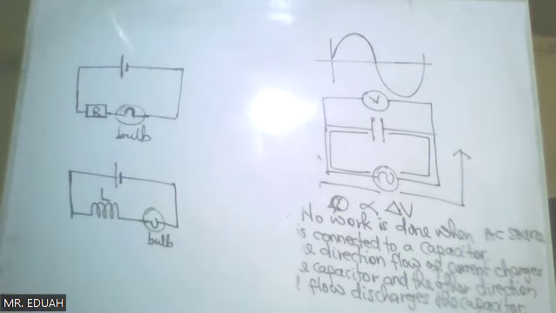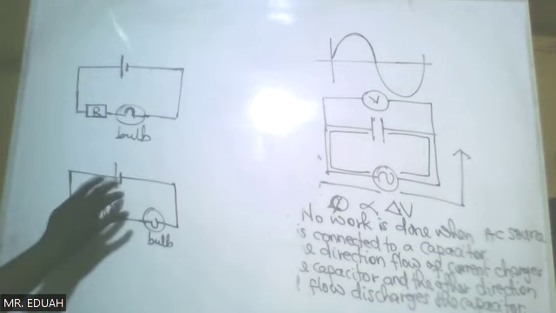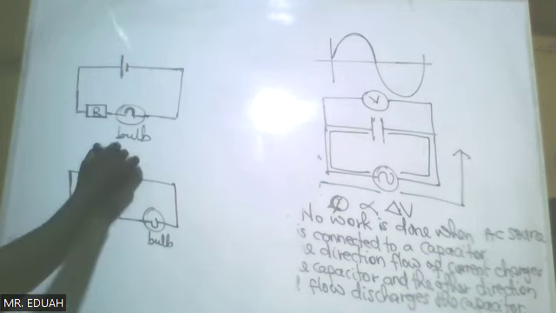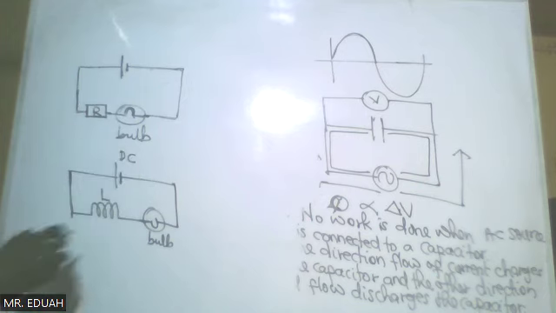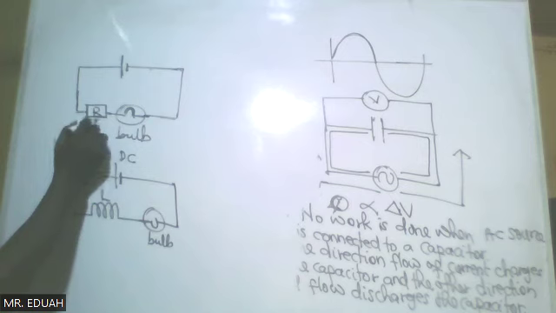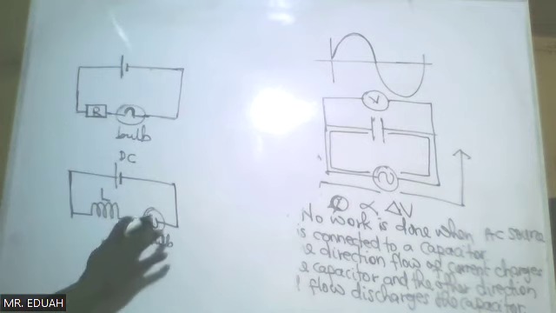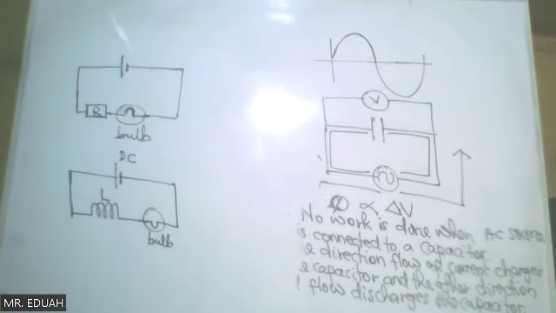When you connect an inductor and the source is DC, nothing will happen. It will behave like the resistor. The bulb's brightness will be fixed, no change in brightness.